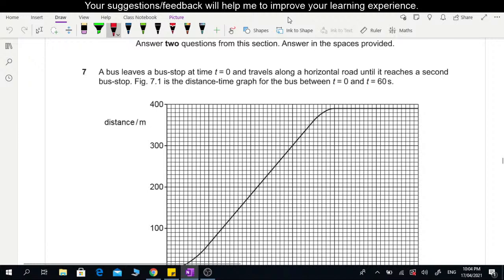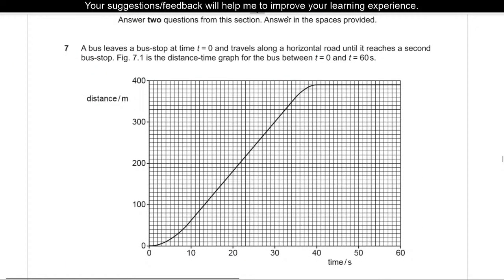So let's start. Today we have to do section B of October-November 2020, paper 2, variant 2. Question number 7. A bus leaves a bus stop at time t = 0 and travels along a horizontal road until it reaches a second bus stop.